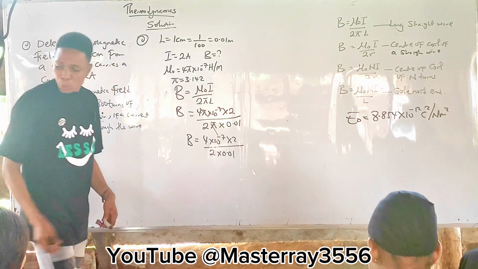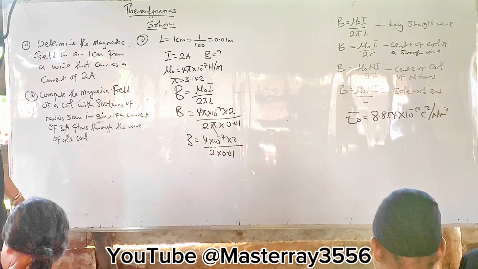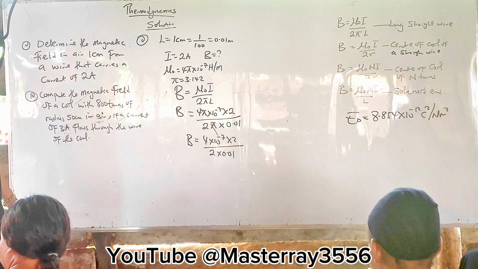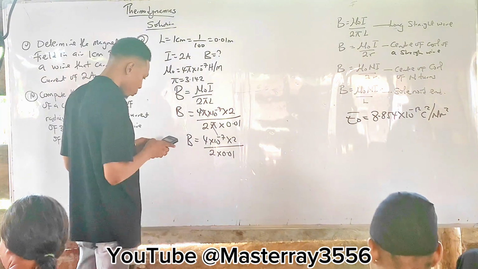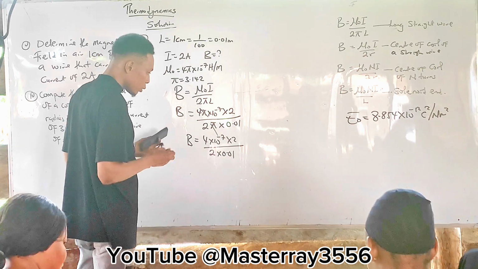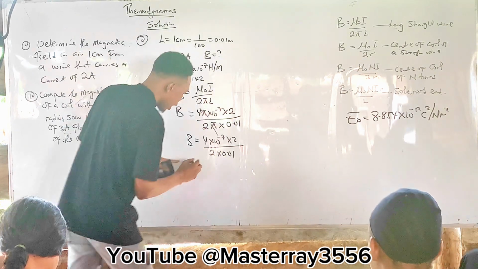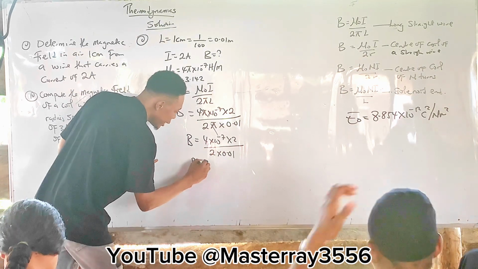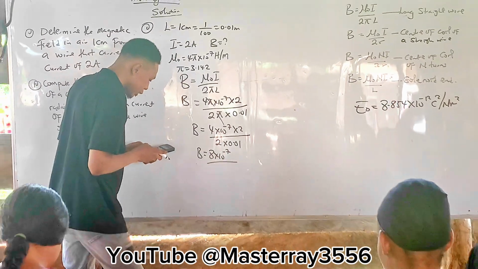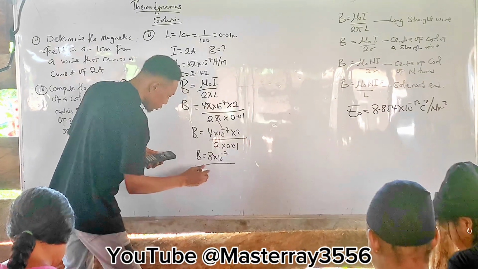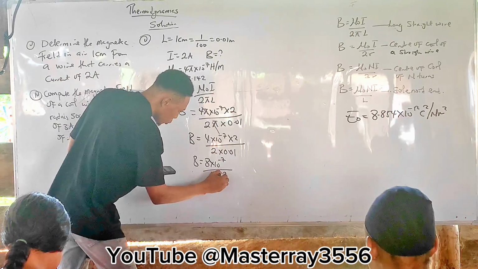So multiply the numerator. Our B there will be equal to 8 times 10 raised to the power minus 7 over 2 times 0.01, which is 0.02.